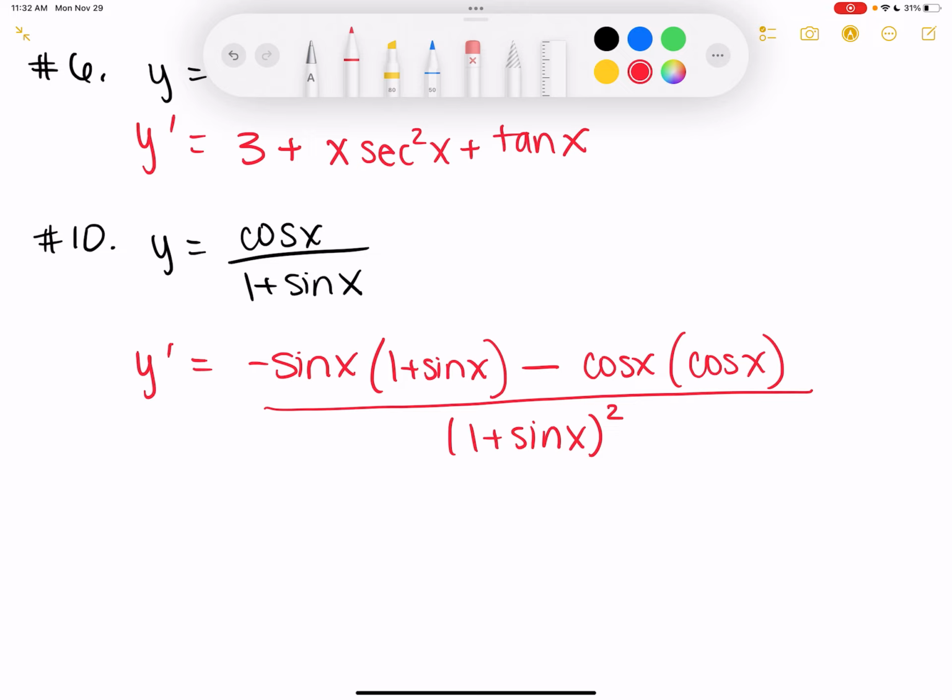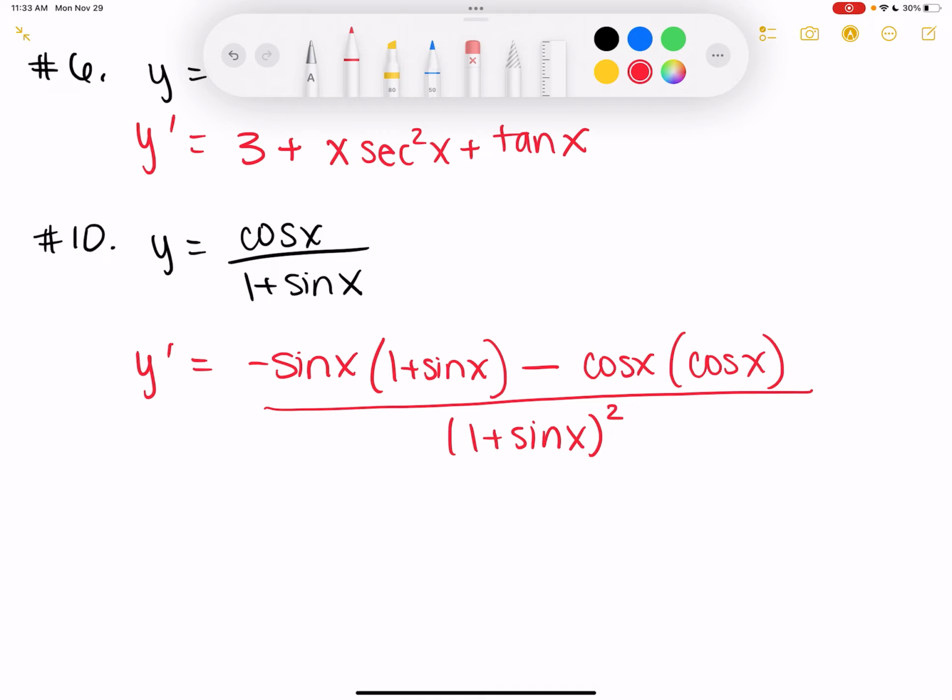If it doesn't cancel, then you can factor it out, but I'm okay, even in your final answer, with leaving it like this. There's no need to multiply it out. If I remember correctly, the AP book that I have does that as well. They just leave it.